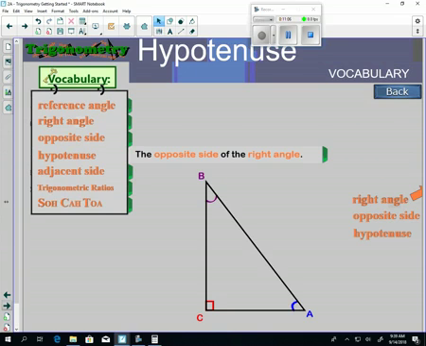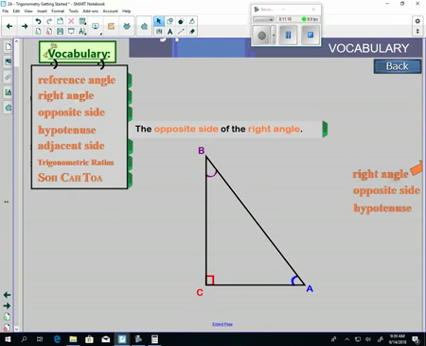The hypotenuse. Hypotenuse is always the side that is opposite the right angle. So no matter which way your triangle is made, here is my right angle. The side that's opposite, the C side, is also called the hypotenuse. It's a Greek word. And one thing about the hypotenuse, it is always the longest side.